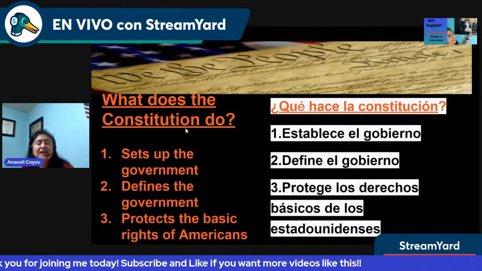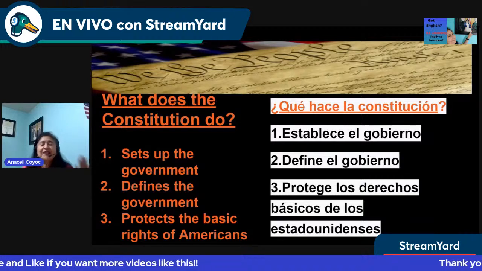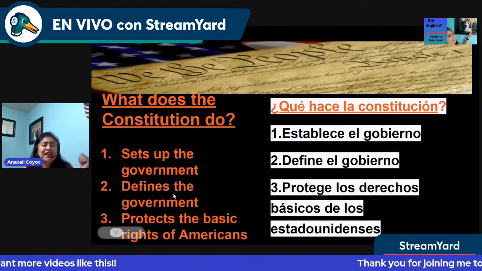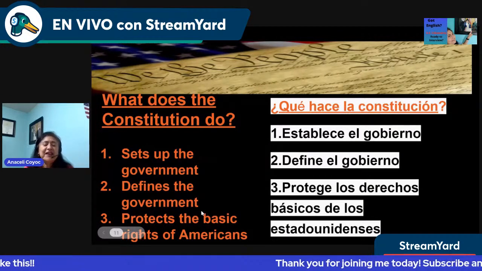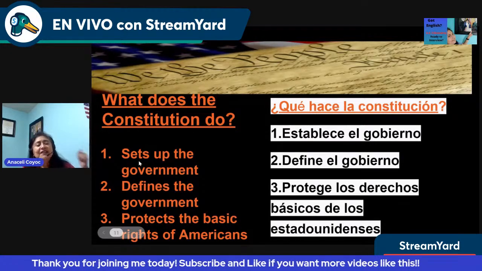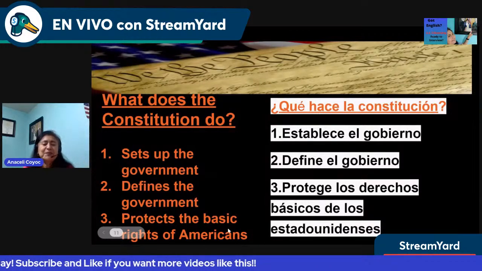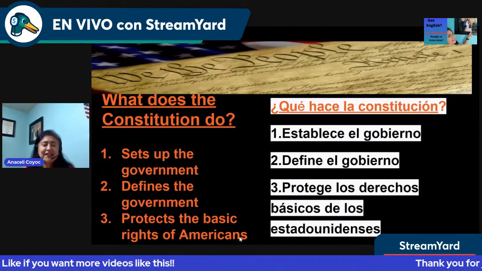So what does the Constitution do, or why do we have a Constitution? It sets up the government. It defines the government. It protects the basic rights of Americans. So your answer would be sets up the government, defines the government, and protects the basic rights of Americans.